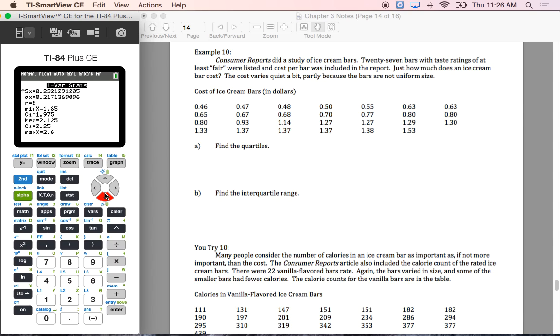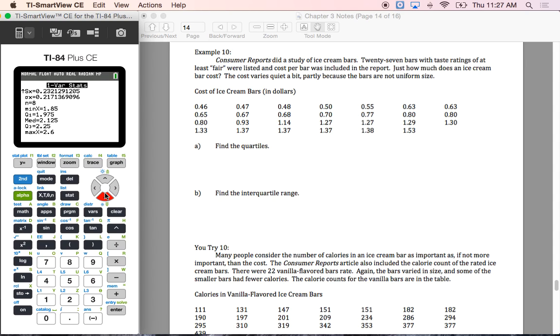Now here for our example 10, what we first have to find is our median. If there's 27 numbers, you have to think, what's half of 27? Half of 27 should give us about 13, 14, somewhere there in the middle. So what you're going to do is count 13 from the left, 13 from the right, and find your middle number.